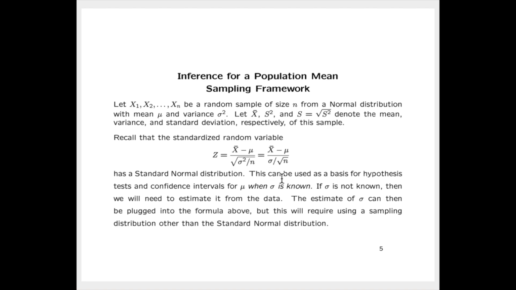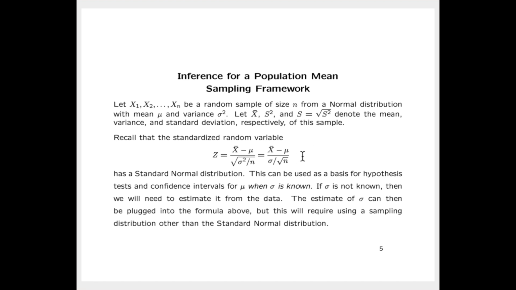So here's the point that we're making here. In order to compute this standardized version z, for example in the context of hypothesis testing, we need to know what sigma is. If we don't know what sigma is, then we can't calculate this expression. And so what we would need to do is estimate sigma using, for example, the sample standard deviation.